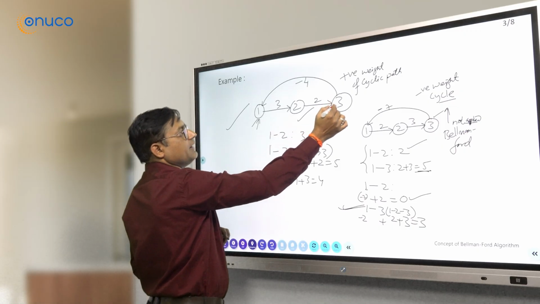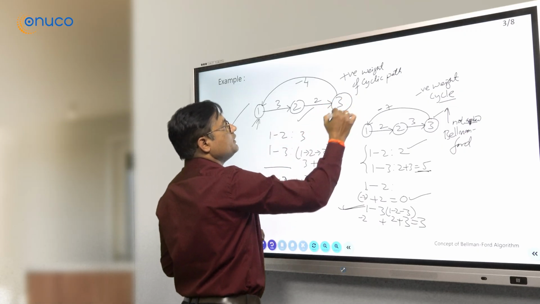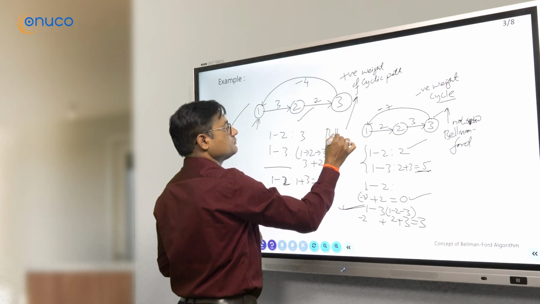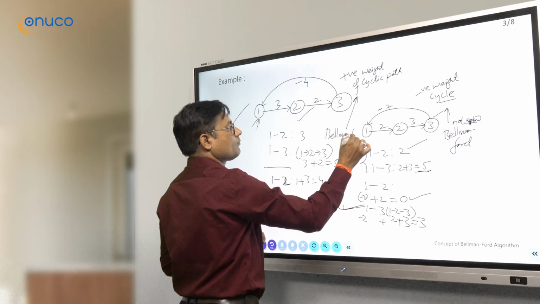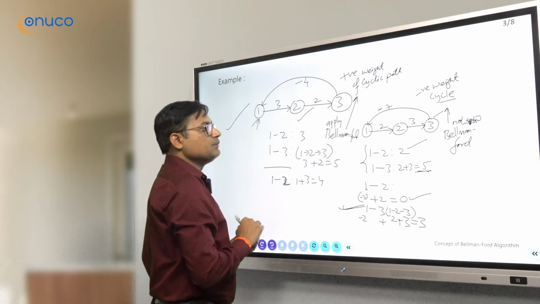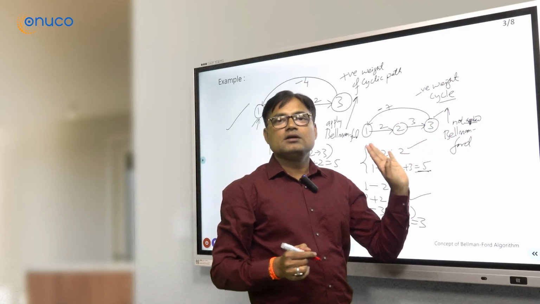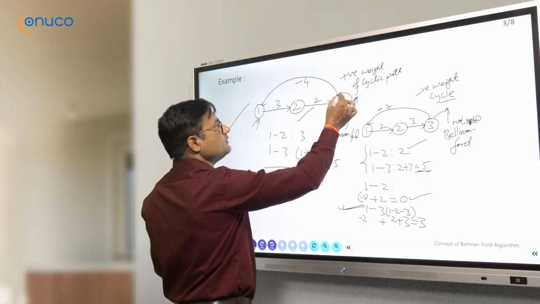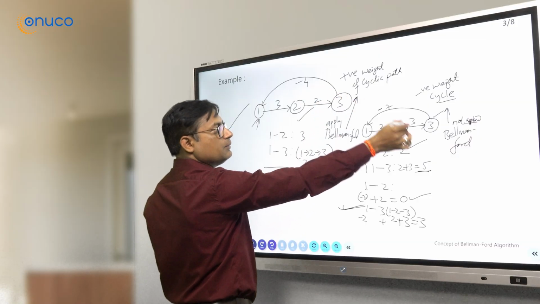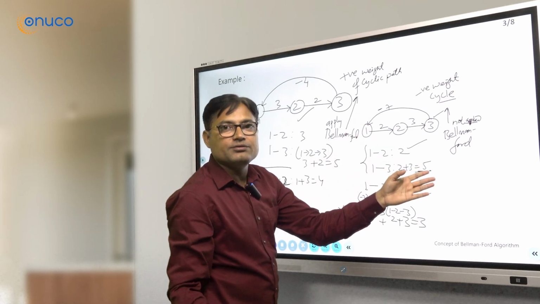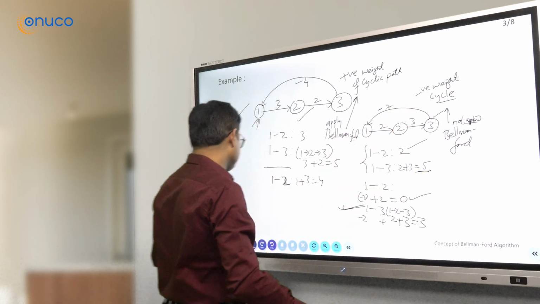If there is a positive weight cycle, here we can apply Bellman-Ford. When there is a positive weight, we can apply Bellman-Ford. If there is a negative weight cycle, we are not going to apply the Bellman-Ford algorithm. So in this case, there are still solutions, but here we cannot apply Dijkstra because there is a negative weight. We cannot apply Bellman-Ford because there is a negative weight cycle.